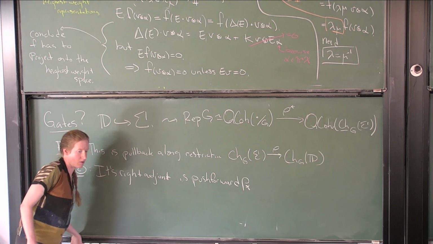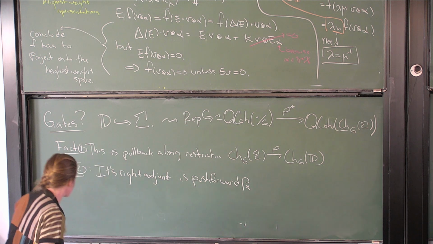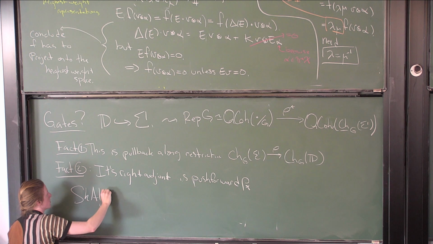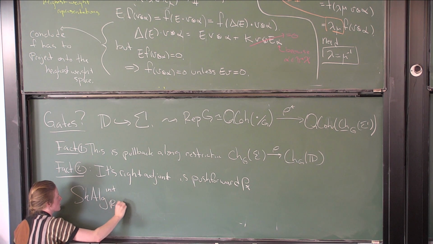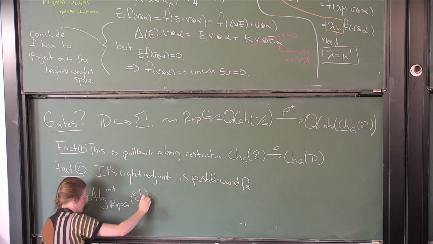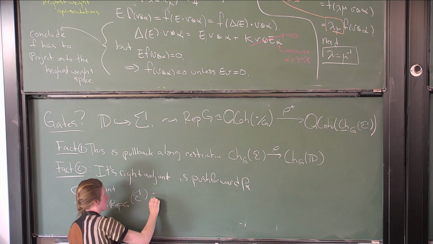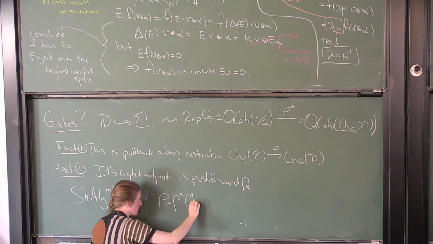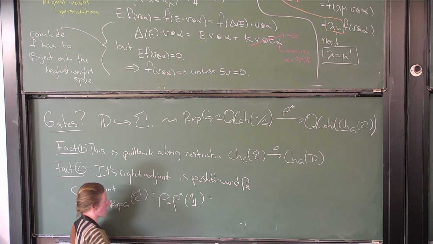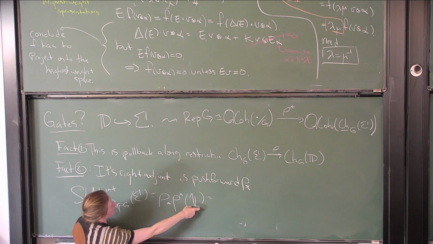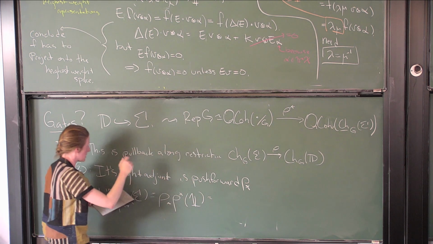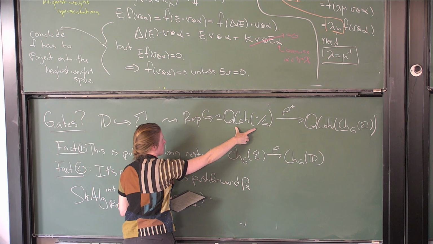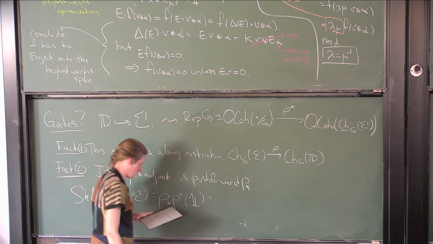So what's happening is that my internal Skein algebra for rep G of my surface will be rho lower star, rho upper star of the identity. So what is this identity? This is going to be the identity here, so it's going to look like the structure sheaf.